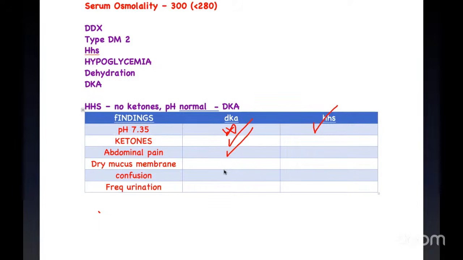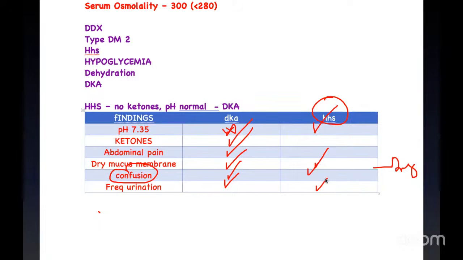Who is going to have dry mucous membranes? Both of them, because they're going to be dehydrated. They're both going to have confusion, but remember, confusion is mostly more for HHS, though both can have it. And both are going to have frequent urination because they have diabetes and excessive glucose.